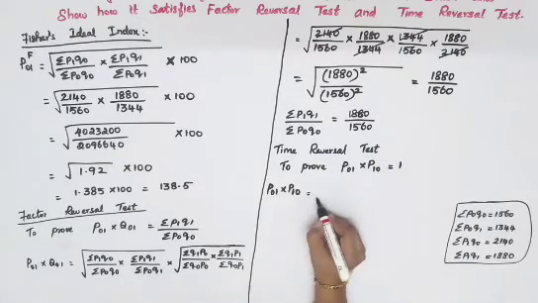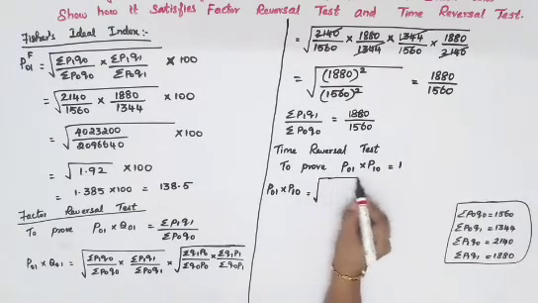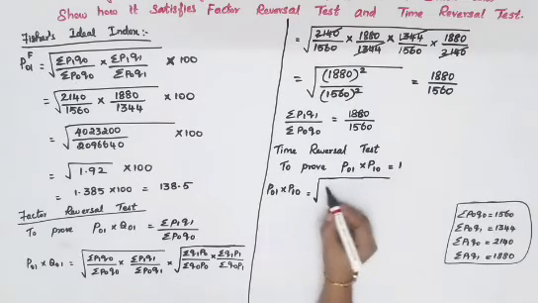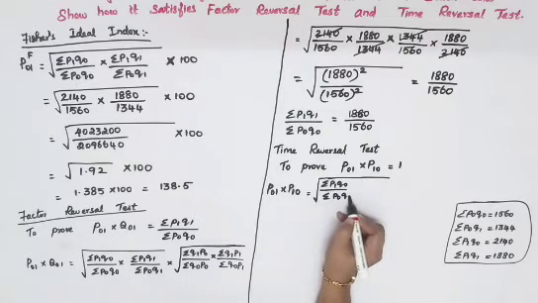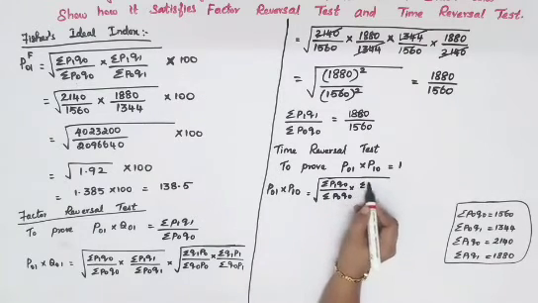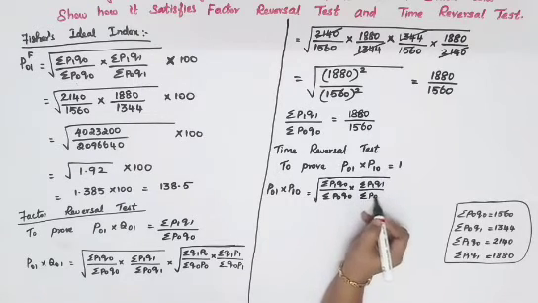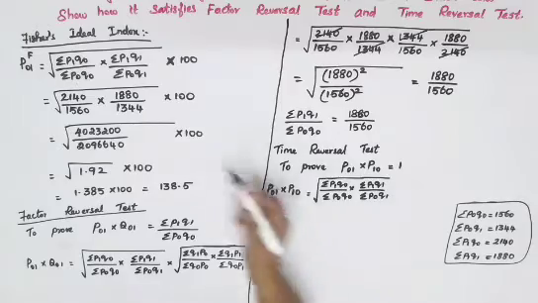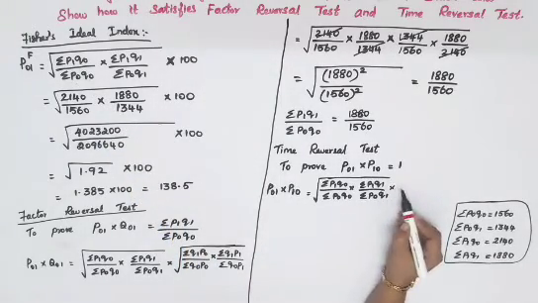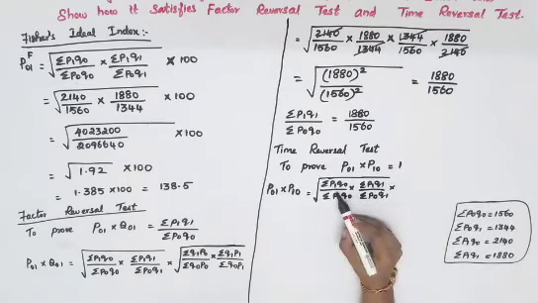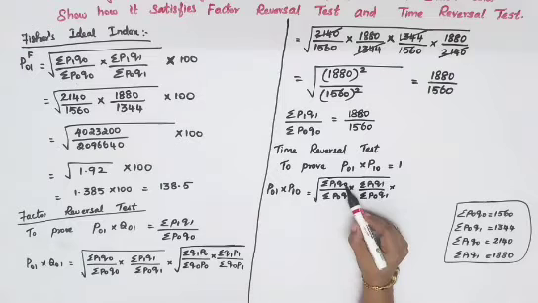So P01 into P10 is equal to root of your first part as it is, that is sigma P1 Q naught divided by sigma P naught Q naught into sigma P1 Q1 divided by sigma P naught Q1. That is your Fisher's formula as it is, you'll have to write it. Into the second part, wherever you got 1, you'll have to put 0. Wherever you got 0, you'll have to put 1.